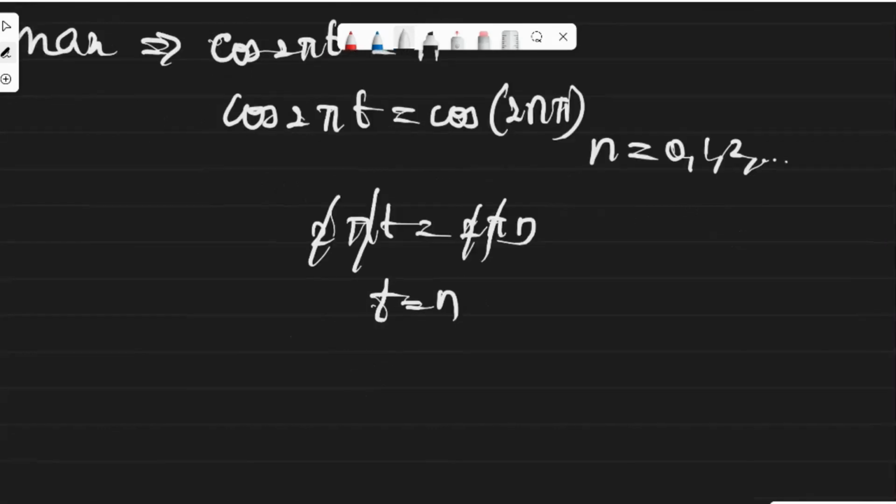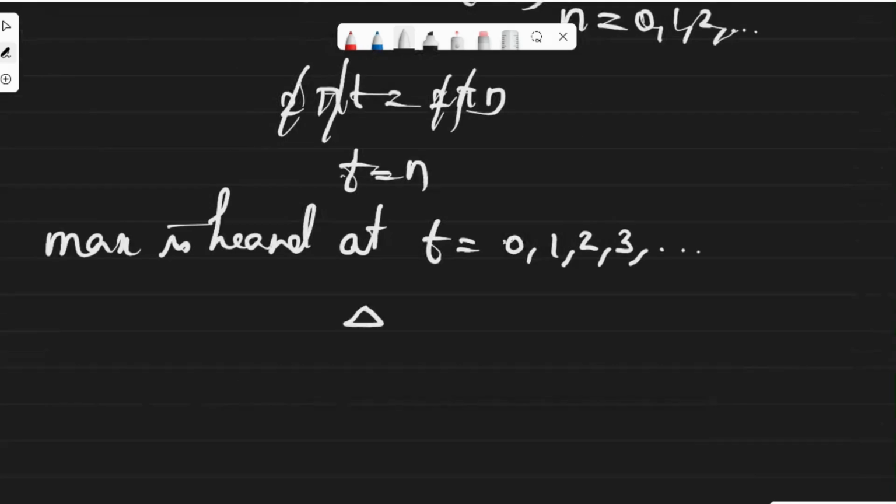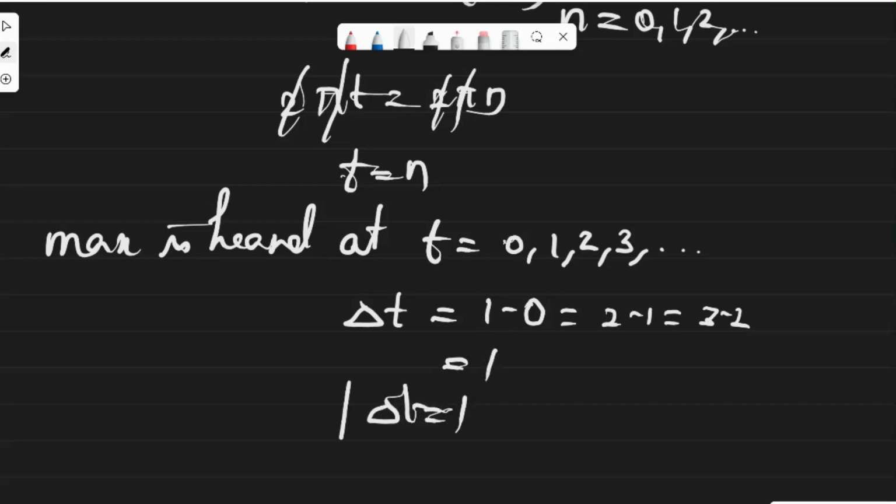So maximum is heard at t equal to 0, 1, 2, 3, and so on. If I take delta t here, then 1 minus 0, 2 minus 1, or 3 minus 2 is 1. So delta t equals 1.